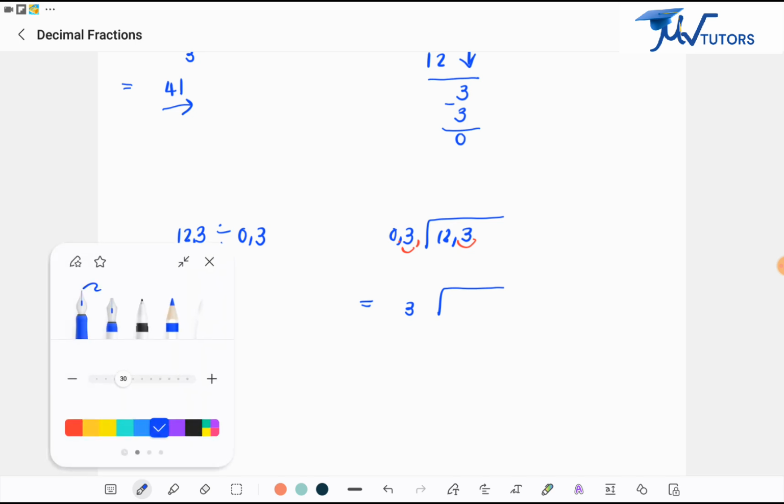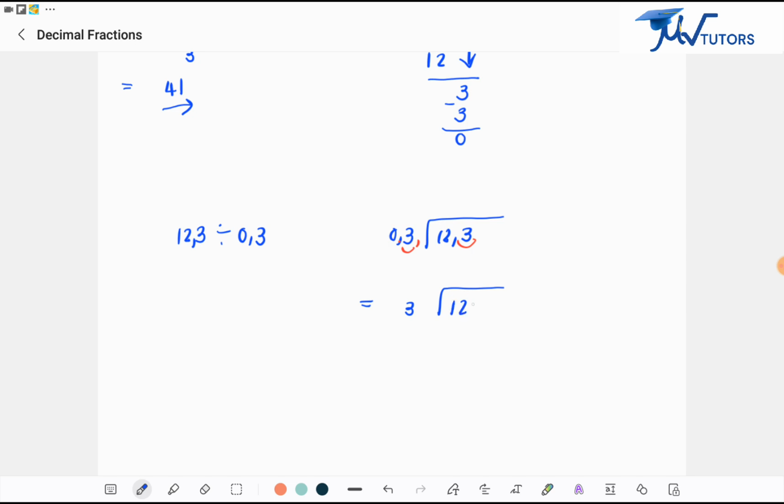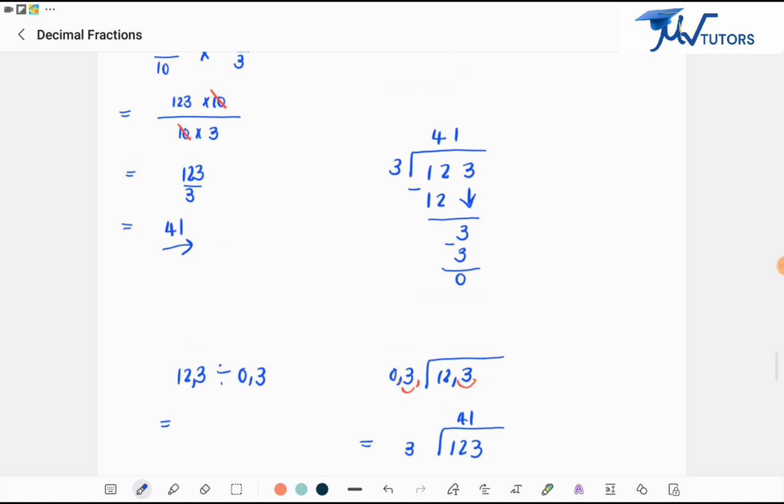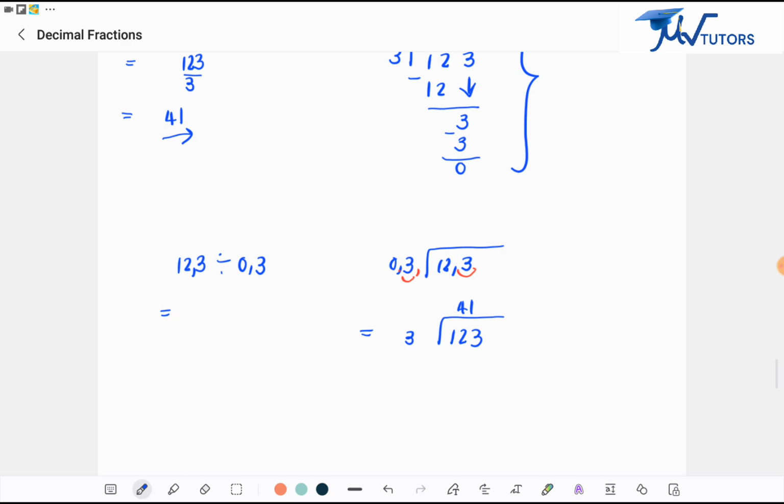Okay, so now I'm going to have 123, and we're back to square one. We're basically going to have 41. We did the hard work here already. So hence I'm just writing the answer as it is.